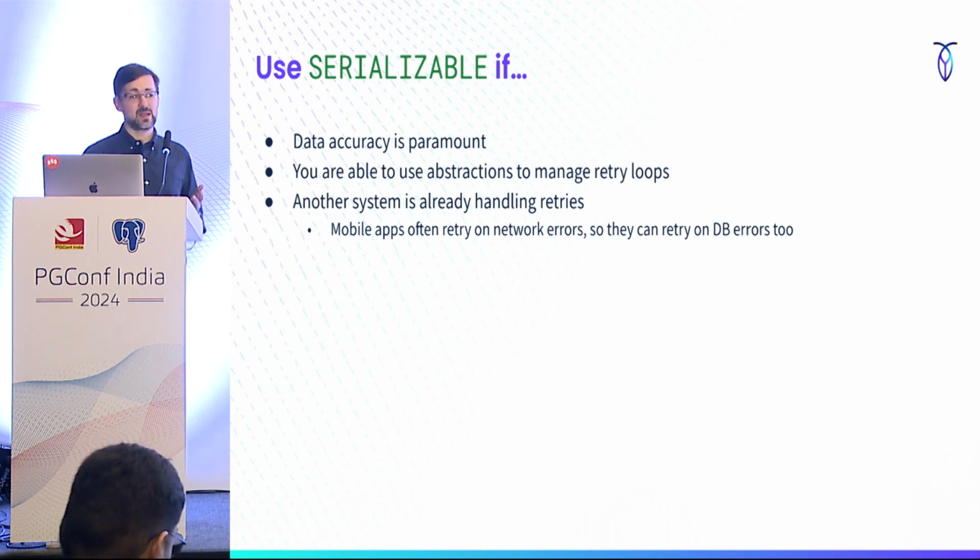If your application is backing a mobile app, then your mobile app is probably going to retry on network errors and things like that anyway. And so maybe that means that it can also use that same retry loop to handle errors from serializability in the database. Maybe you don't need to have a server-side retry loop in addition to your client-side retry loop.